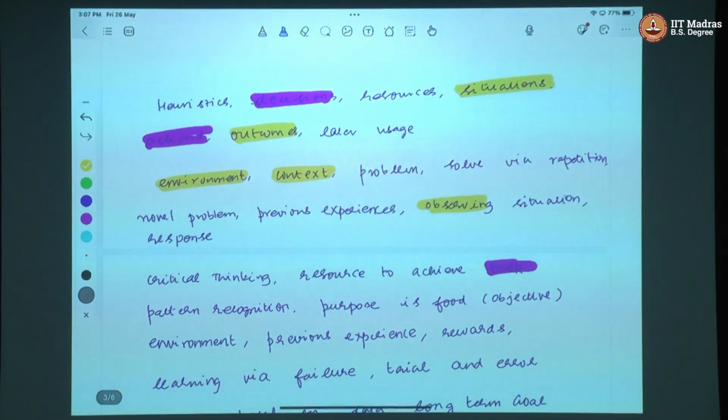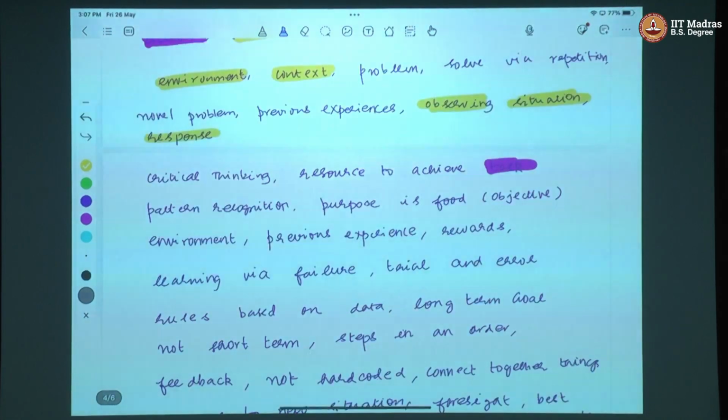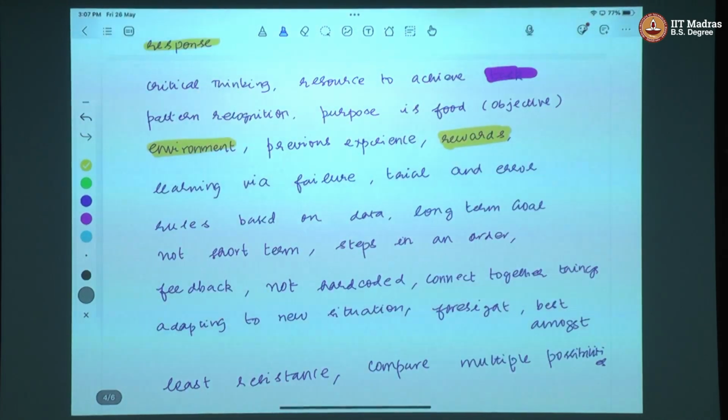Observing situation is done. Response is also done. Pattern recognition we will come to. Purpose is food, which is the objective, basically the reward. Again, environment. Trial and error we will come to. Long term, short term, yes. Feedback is something that we have done.